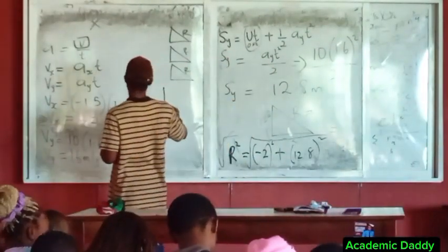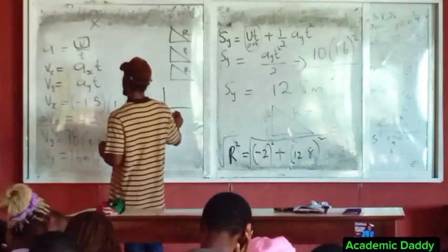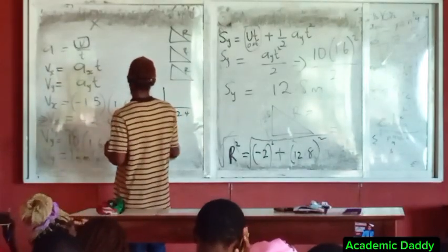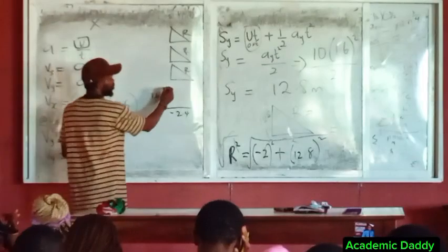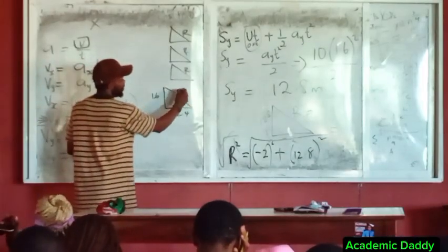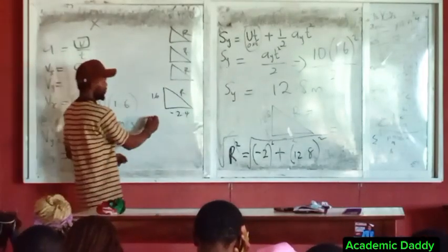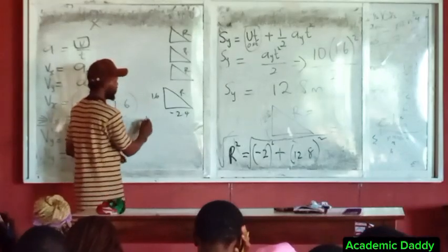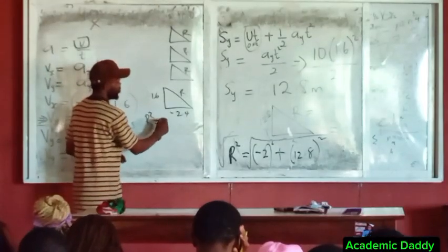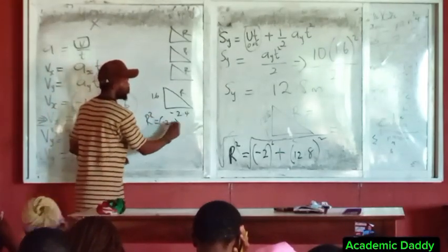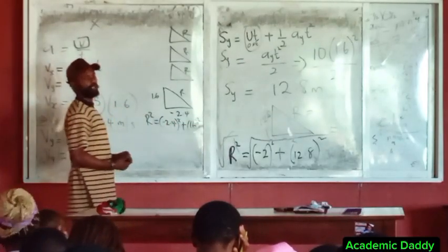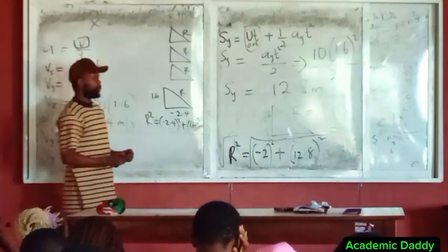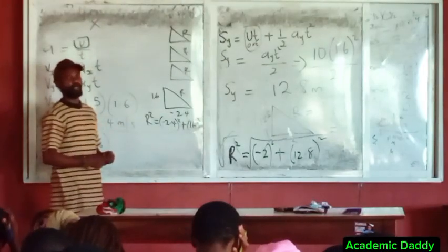I have my velocity now on the x-axis to be minus 2.4, on the y-axis to be 16. So to get the resultant velocity, I will simply use Pythagoras. V squared equals minus 2.4 squared plus 16 squared. Yes. So please punch this for me.